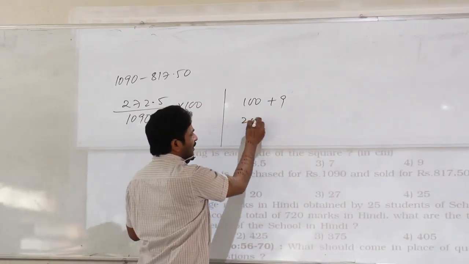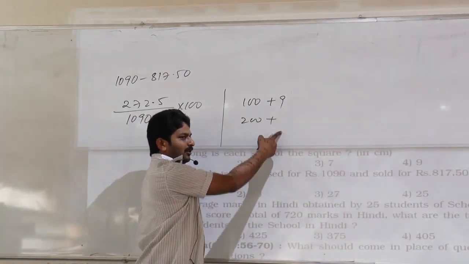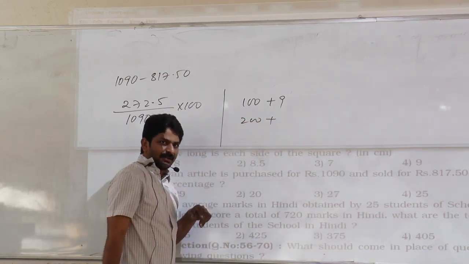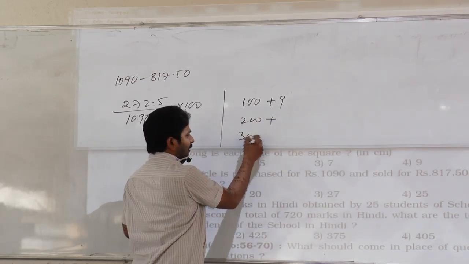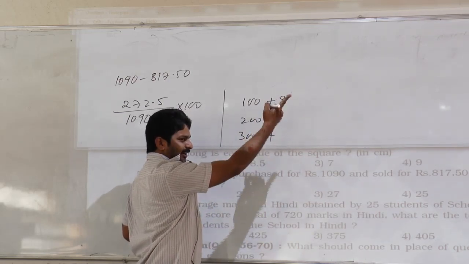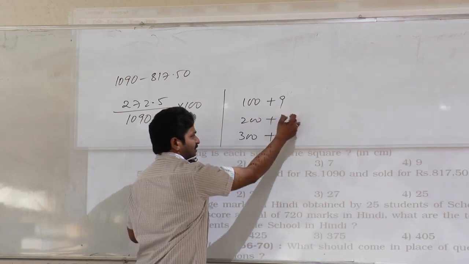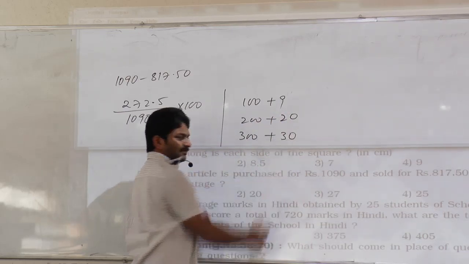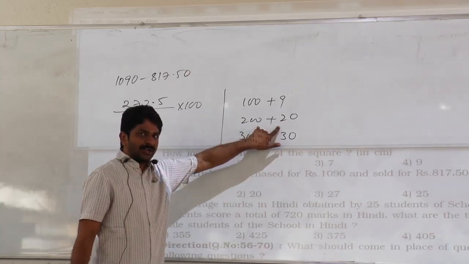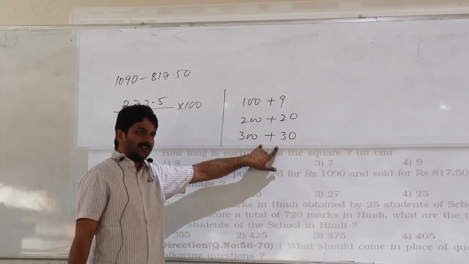If I have a number which is more than 200 and very close to that, then you can give your answer as 20%. If you have a number more than 300 and close to that, see, this is near about 9%, right? I'll treat it as 10%. 10% of this is 20, 10% of this is 30. Approximately if your number is near about 220, 20%, 330, 30%.